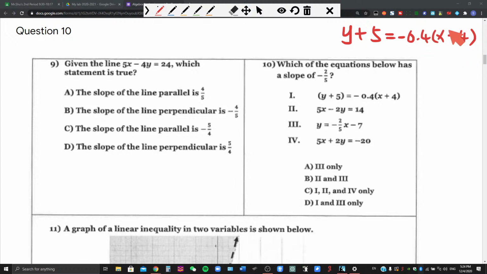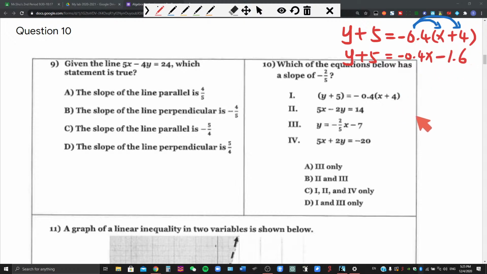Now we have to unpack the right side. When you unpack, you just multiply the outside to everything inside. Let's write it down. y plus 5 equals negative 0.4x plus negative 0.4 times 4. If you use a calculator, it's going to be negative 1.6.